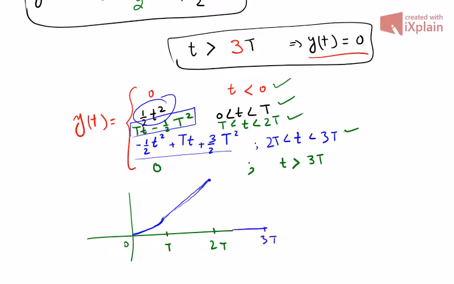Up to 3T, it's a non-linear equation, so you can expect a non-linear decrease here. This is y of t, we are plotting y of t. So any graphical tool can be used for quickly plotting this one.